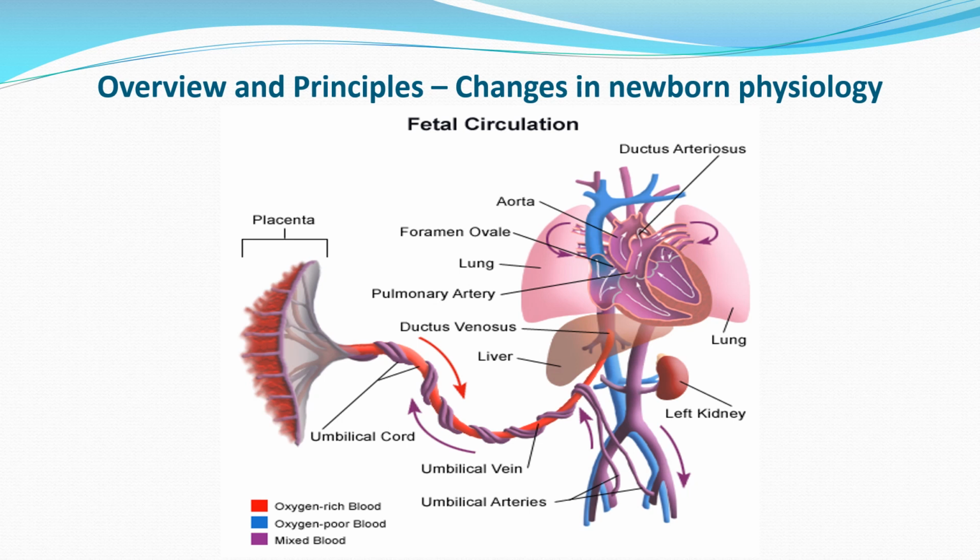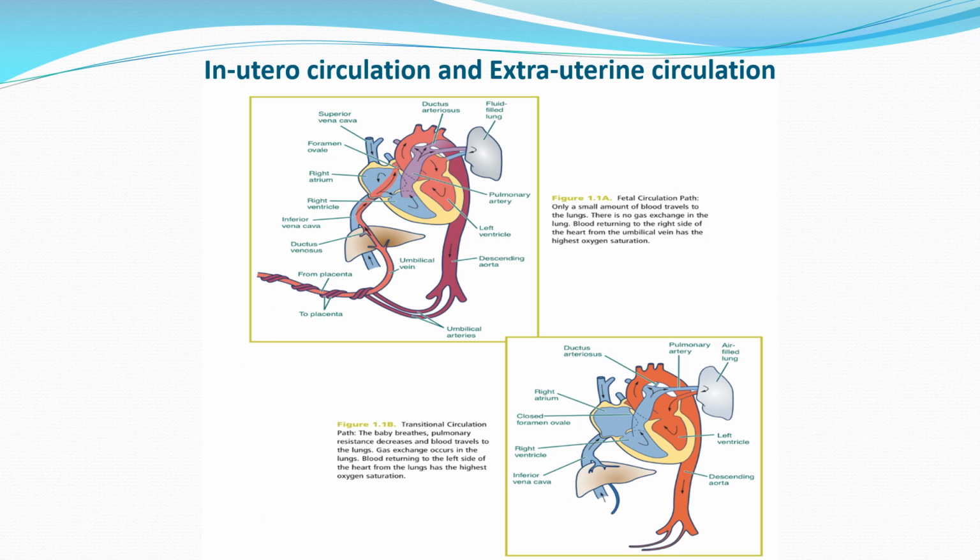At birth, when there is clamping of the umbilical cord and the baby starts breathing, the lungs will expand and the pulmonary venous return will decline, and the ductus arteriosus will close, so that the systemic circulation and pressure will increase, and there is a drop in the pulmonary circulation and pressure, and the baby will depend on his systemic circulation after the cutting of the umbilical cord.